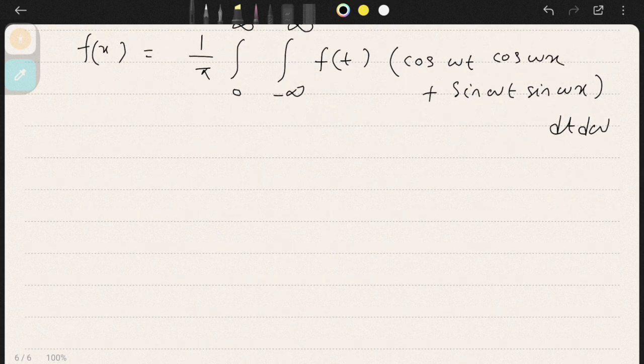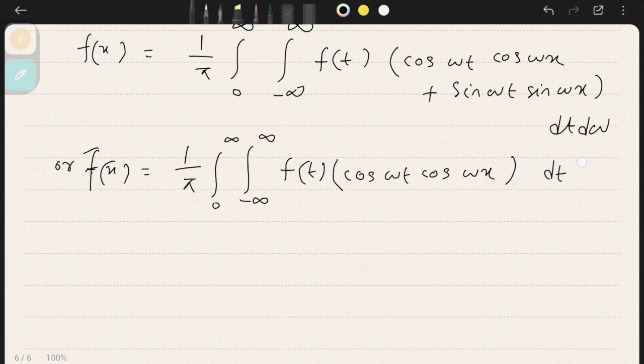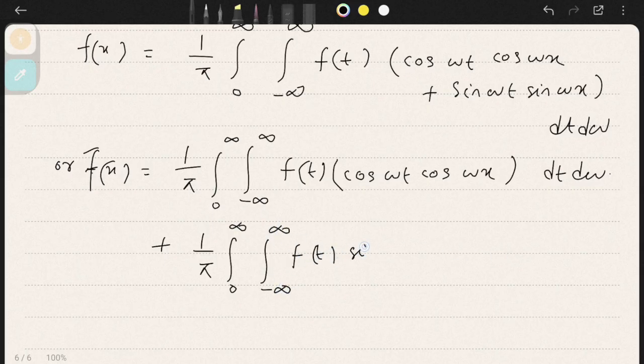Now let's solve it further. f(x) equals 1 by pi, integral 0 to infinity, integral minus infinity to infinity of f(t) cos omega t dt times cos omega x d omega, plus 1 by pi, integral 0 to infinity, integral minus infinity to infinity of f(t) sin omega t sin omega x dt d omega.